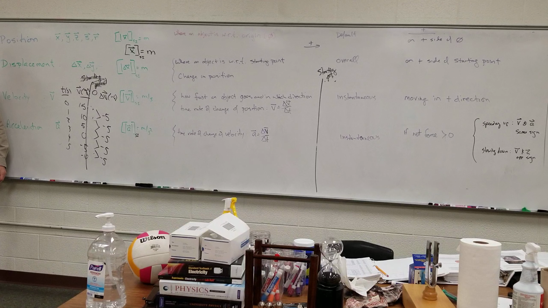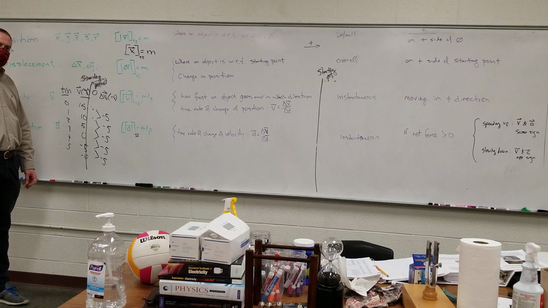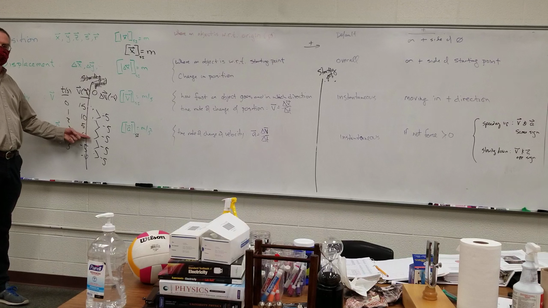So in that table, you're saying that since it's slowing down, then the acceleration would be positive? Yes, that is one way of looking at it. Okay, but the velocity would be negative, but the acceleration would have to be the opposite sign, right?